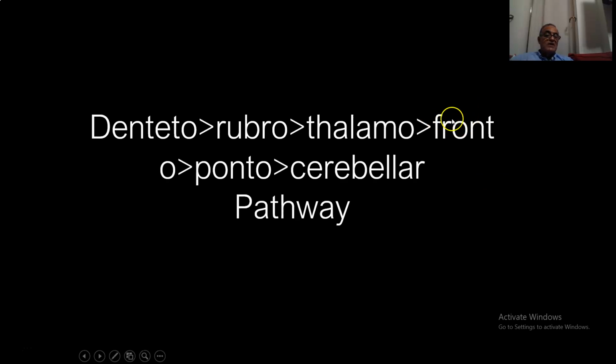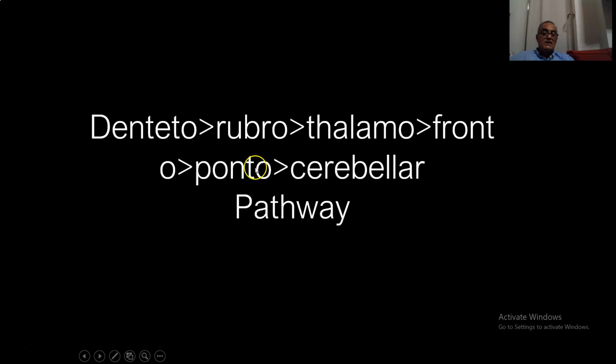And then the fibers will go down from the frontal lobe, from the motor and premotor area, down to the pons, and from the pons through the middle cerebellar peduncle, they go to the surface of the cerebellum. So the dentato-rubro, they leave the cerebellum via the superior cerebellar peduncle, and the ponto-cerebellar, they reach the cerebellum via the middle cerebellar peduncle.